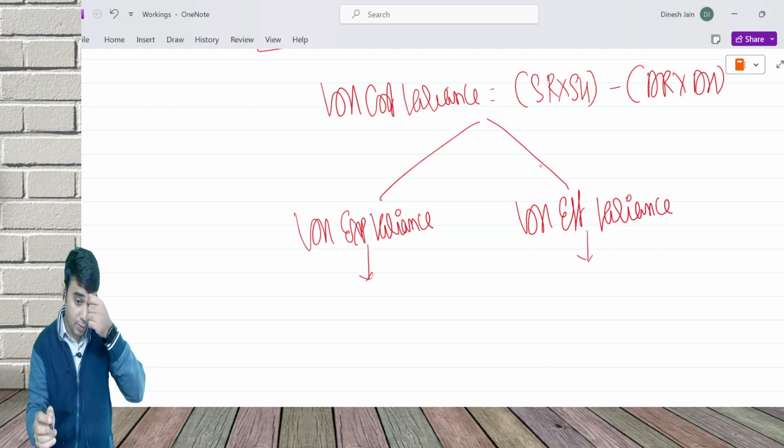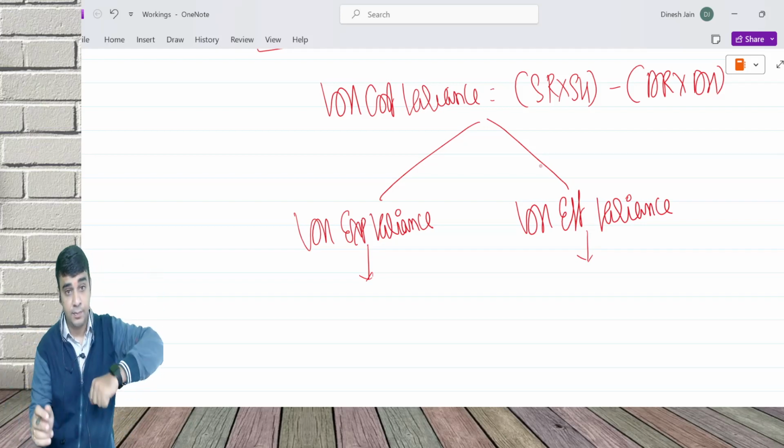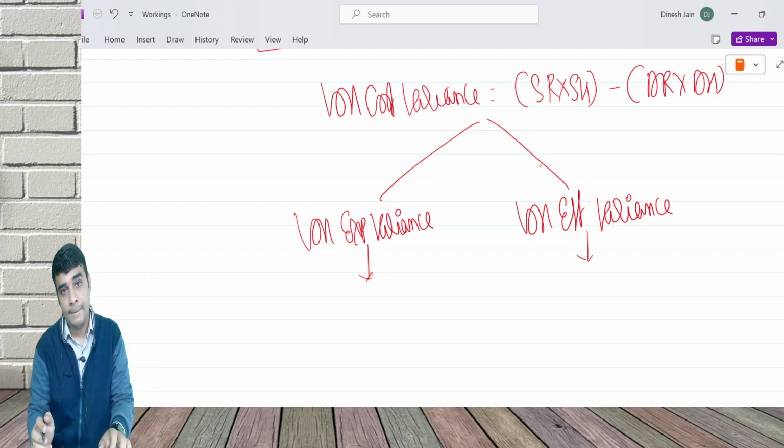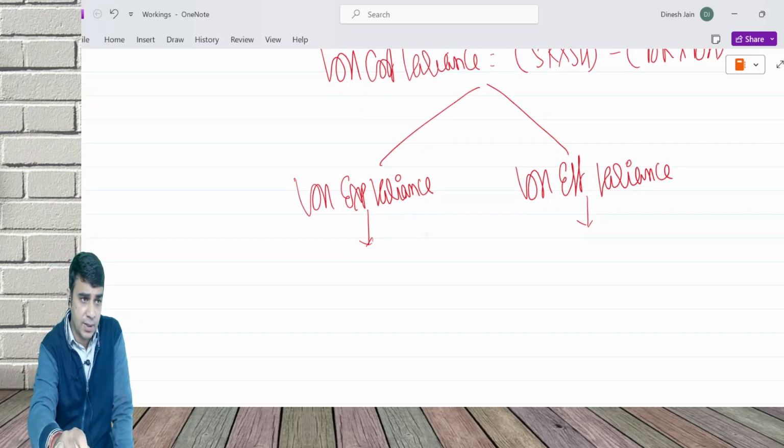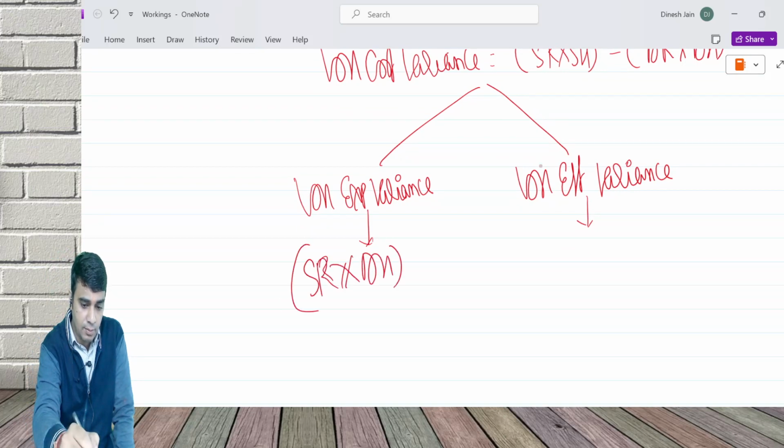Look at the chart and tell me the formula for expenditure. What is the formula for expenditure variance? SR into AH minus AR into AH.